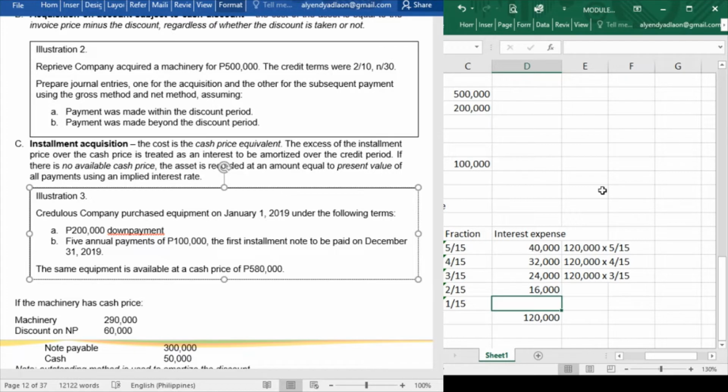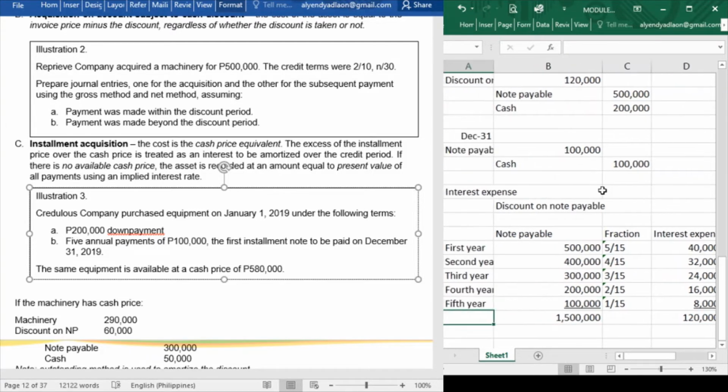And 120,000 times 1 over 15, that is 8,000. So this is the amount of the interest expense to be recognized in the different years. If you add all of this, 40 plus 32 plus 24 plus 16 plus 8, that is 120,000 in total.